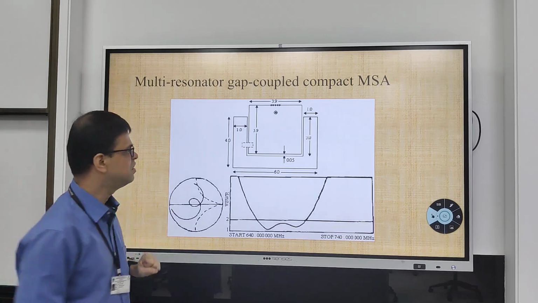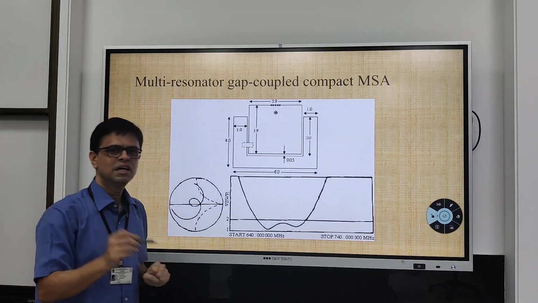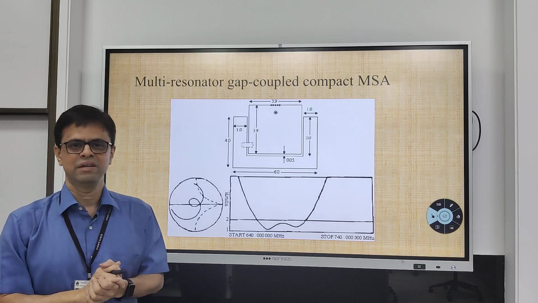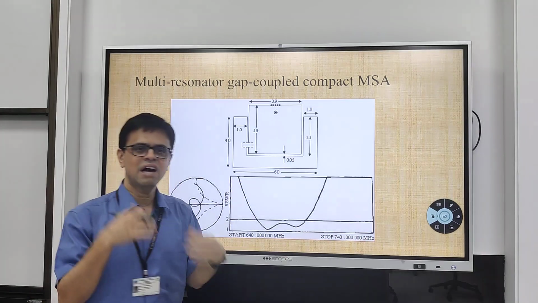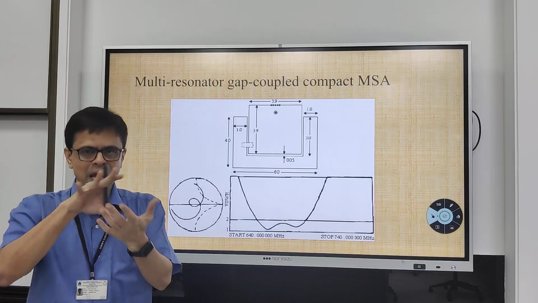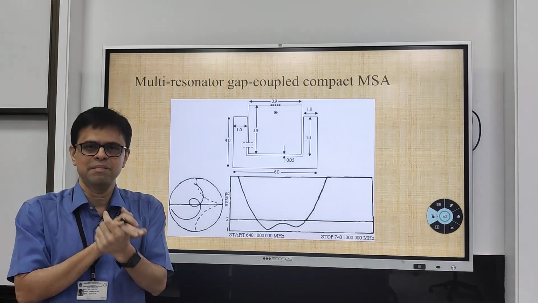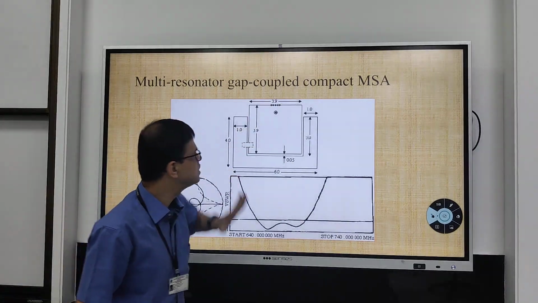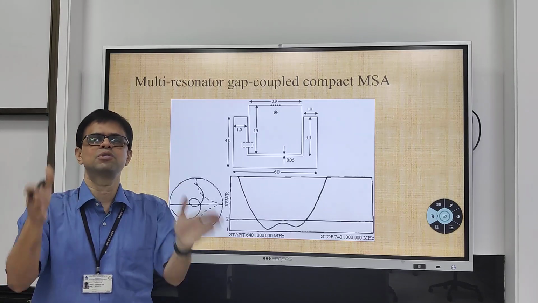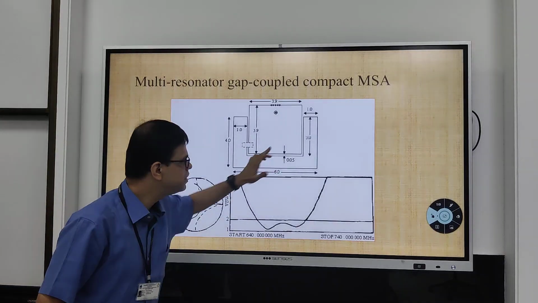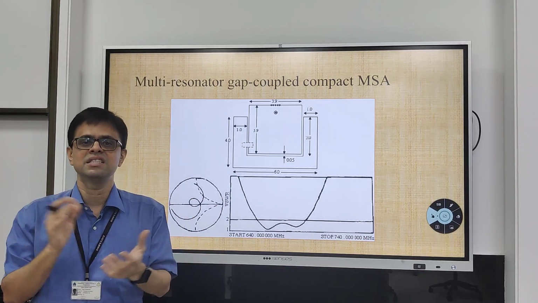And remember here, this patch is a quarter wavelength resonator. Why? It is a shorted design, whereas this patch is a half wavelength resonator. So by appropriately selecting the patch dimension, by appropriately selecting this shorting ratio, and by fitting that inside the C-shaped slot area, the gap coupled configuration is realized that enhances the bandwidth.